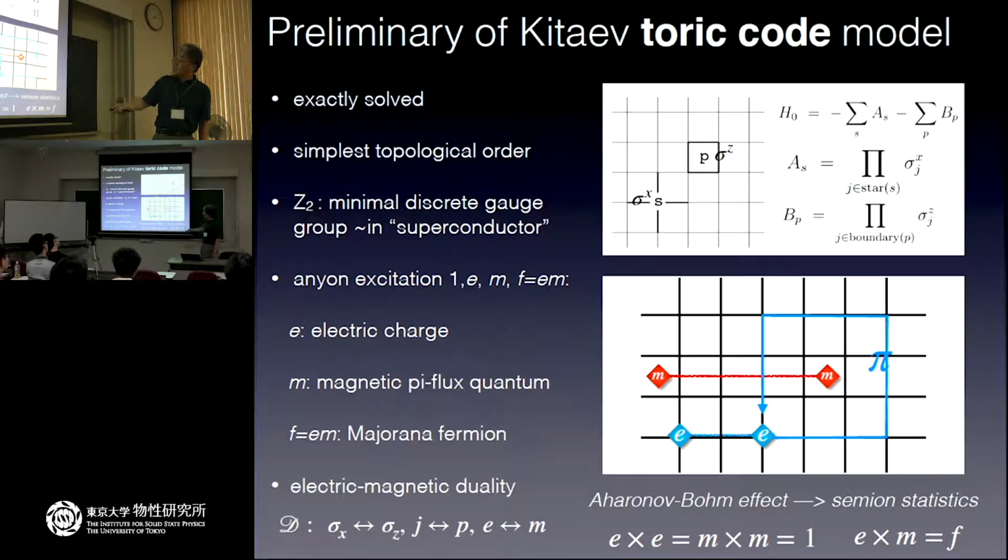This transformation actually makes the electric charge and the magnetic flux switch with each other. So we call this electric-magnetic duality, which is quite important for this topological model.